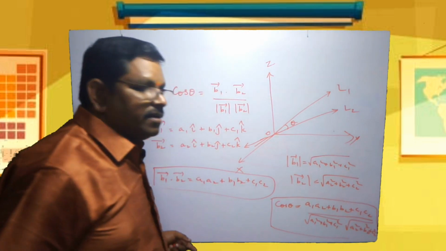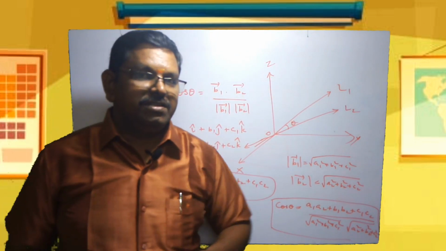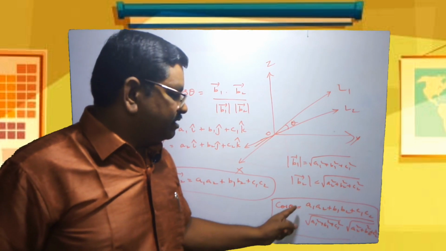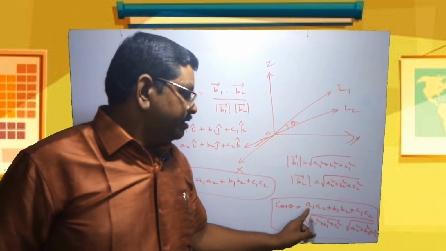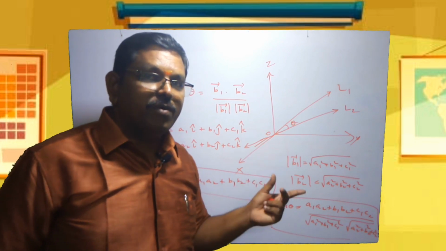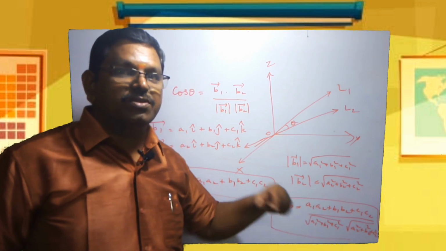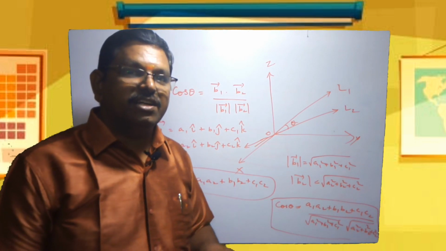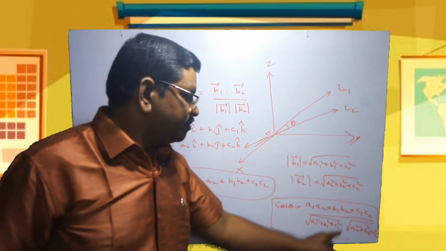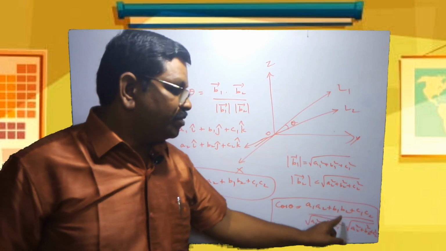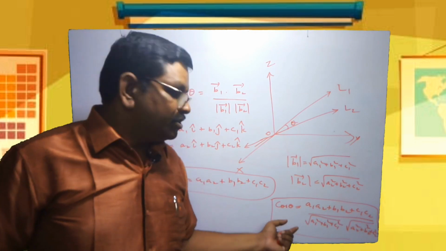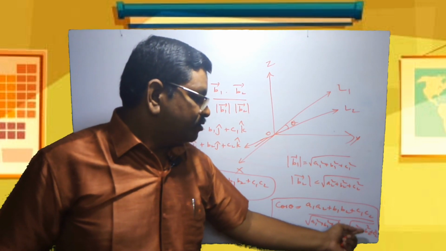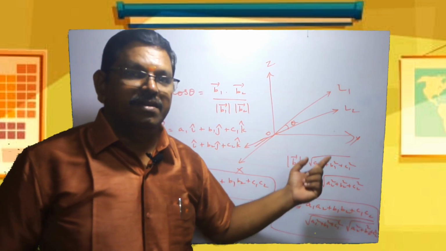If you want to find the angle between two vectors, you should use the formula cos theta is equal to this, where a1, b1, c1 are the direction ratios of the first vector, and a2, b2, c2 are the direction ratios of the second vector. Substitute them in this formula, that is a1 a2 plus b1 b2 plus c1 c2 whole divided by square root of a1 square plus b1 square plus c1 square into root of a2 square plus b2 square plus c2 square.